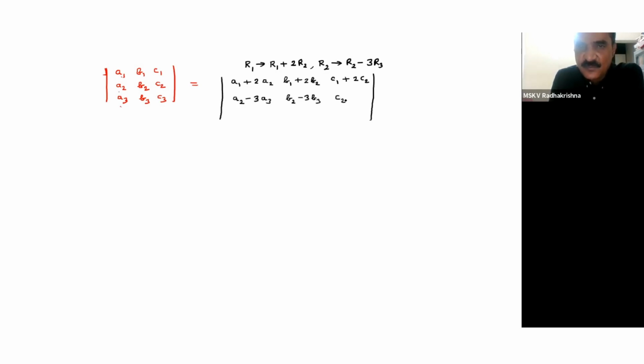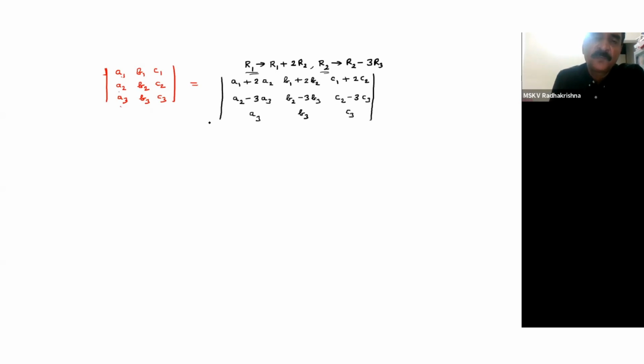Here, C2 minus 3C3. Now what will be the third row? I am not changing the third row. Only R1 is changed, R2 is changed. So the third row remains as it is: A3, B3, C3. So you should keep one row as it is. You cannot change all 3 rows at a time. Understood?